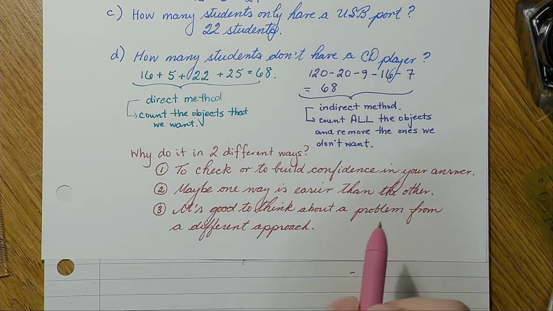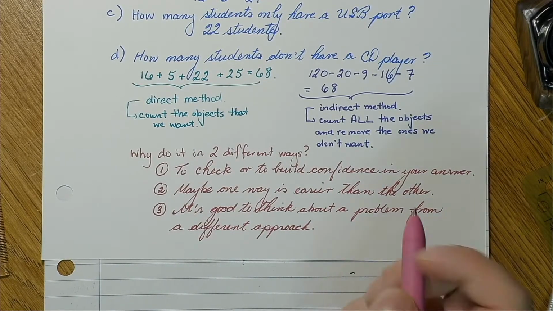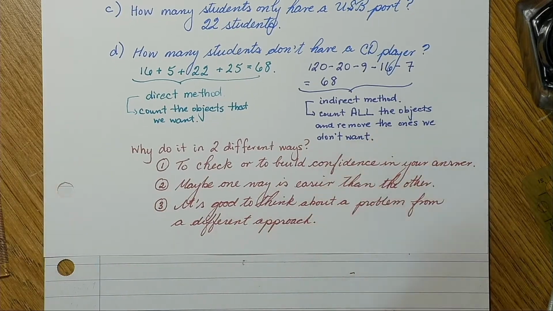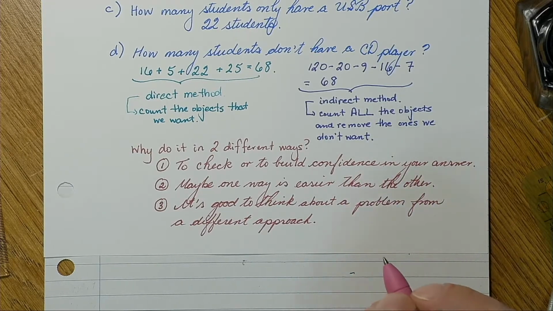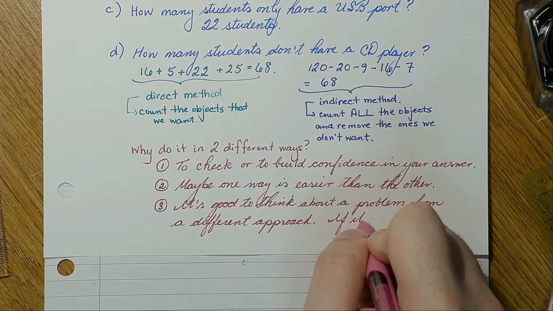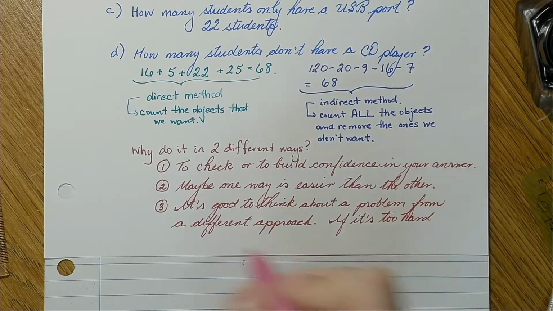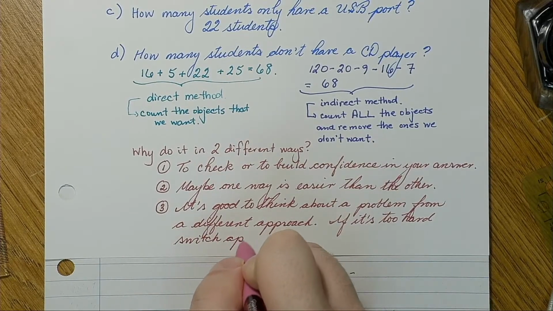Because, like I said in the second point, sometimes it's easier to do it the other way. So if you know there's two ways of doing something, or two kinds of approaches, and one, as you're working through it, is too difficult or you're stumbling, maybe try the other method so that you can get to the answer. If it's too hard, switch approaches.